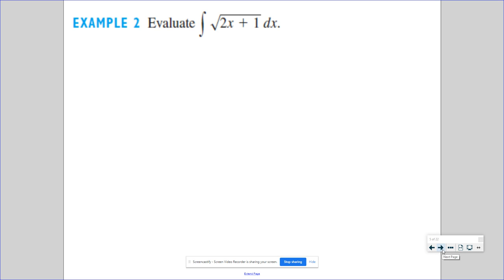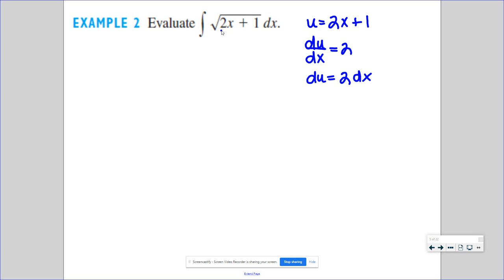Another example. Like I said before, I think choosing whatever is inside of the radical is probably a good option. So we're going to let u be 2x plus 1. We're going to take the derivative, which would just be 2, and we're going to multiply by dx. Okay, so these 3 steps right here are the same every time.